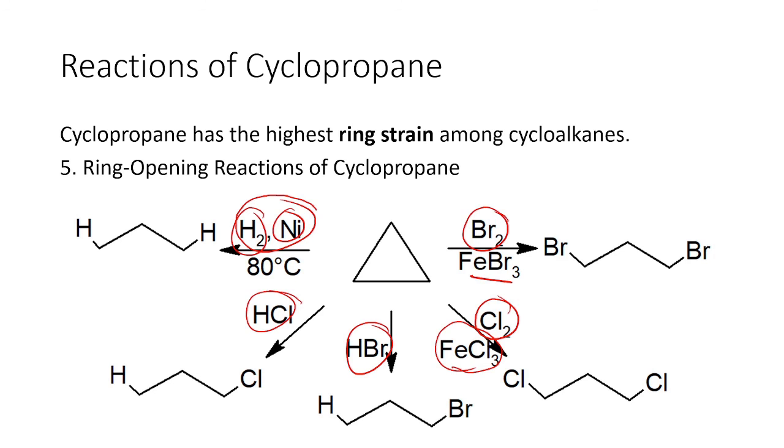Kaya tayo nagkakaroon ng ring opening, which would result to the relief, kumbaga, somehow ma-reach niya yung stability na tinatawag natin. Kaya nag-open yung rings nila. Okay? So in that, we have there the reactions of alkanes and cycloalkanes.